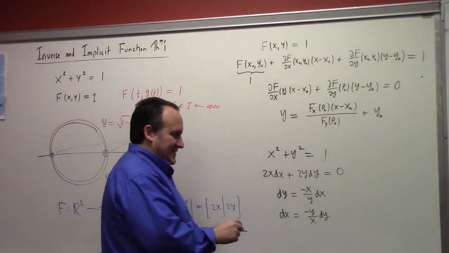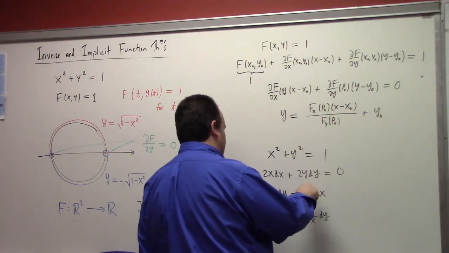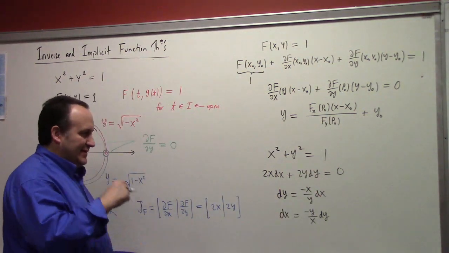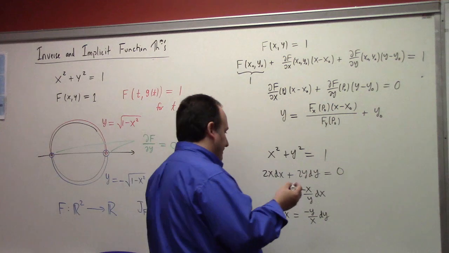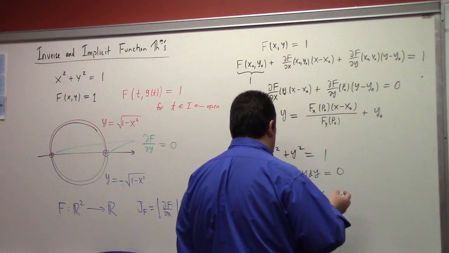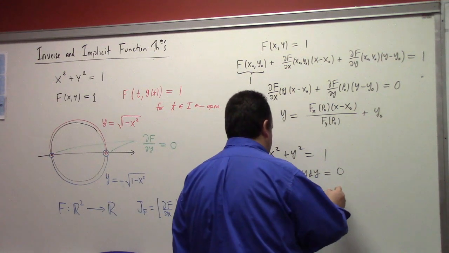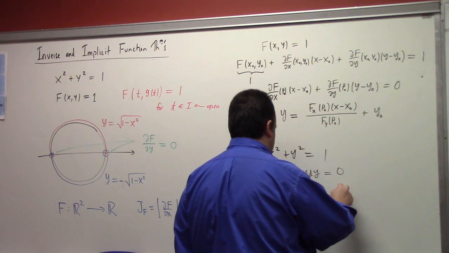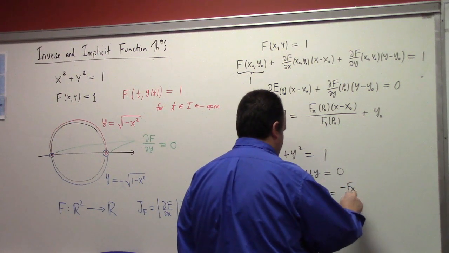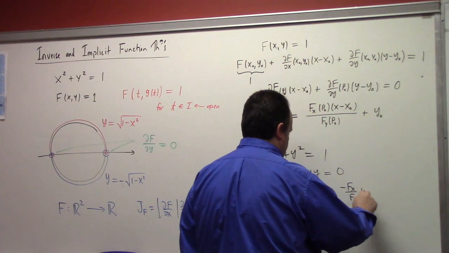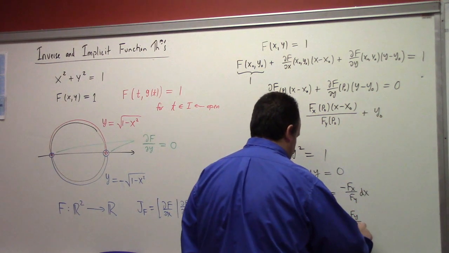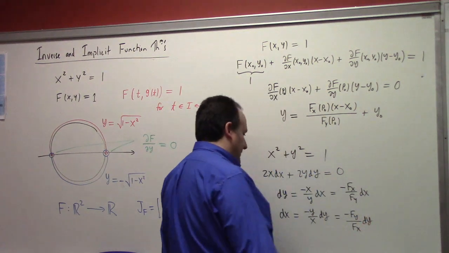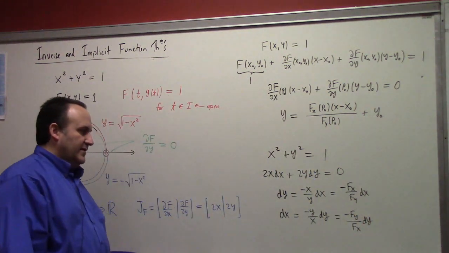These coefficients will be like the ratio of minus fx over fy dx here, or minus fy over fx dy, for what it's worth.